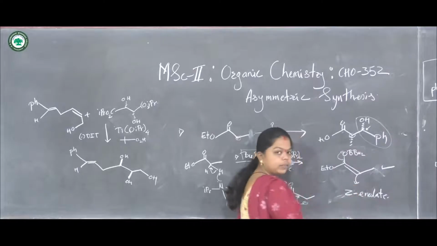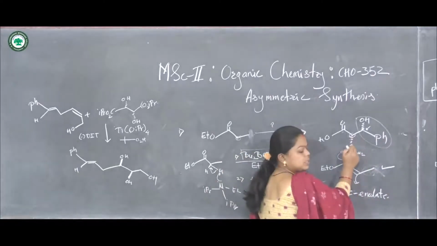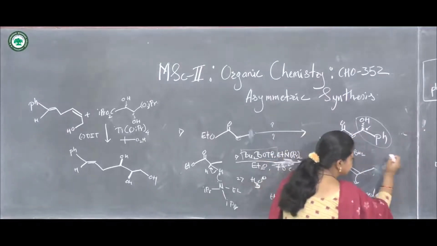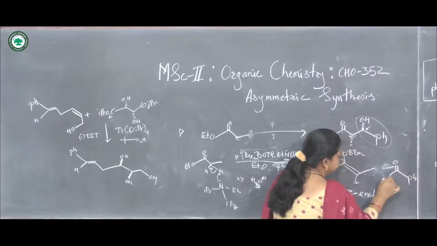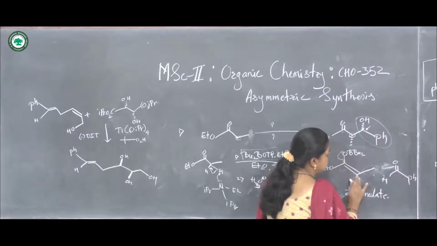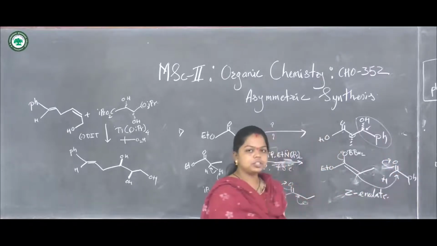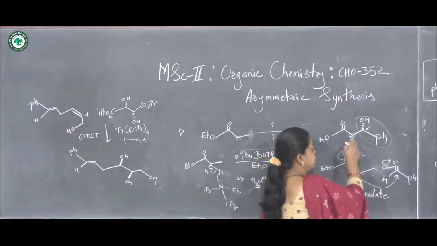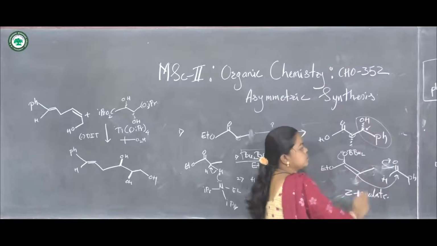This is the methyl group present here, and this carbon will react with the carbonyl group present in the benzaldehyde. So a nucleophilic addition type of reaction occurs. This methyl group will be oriented here and the OH group will form at this position. So this is the aldol.